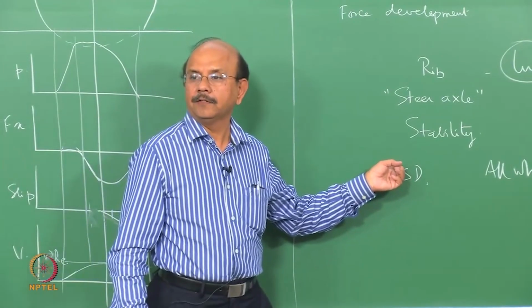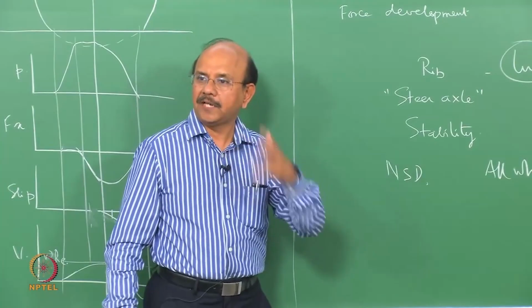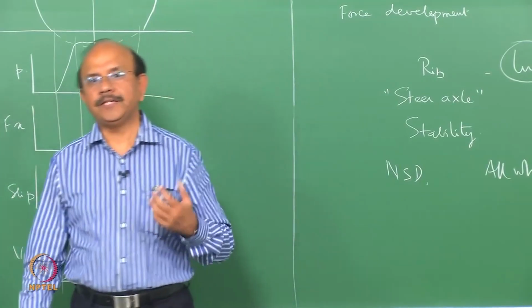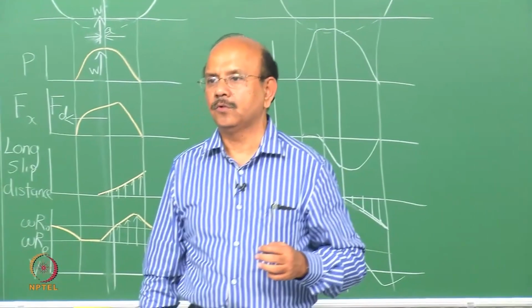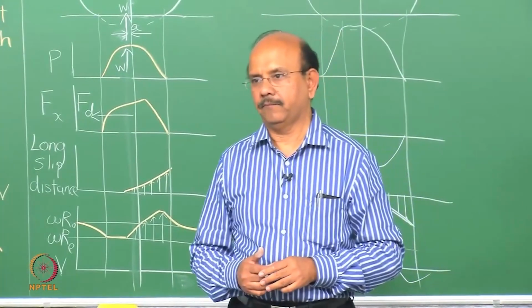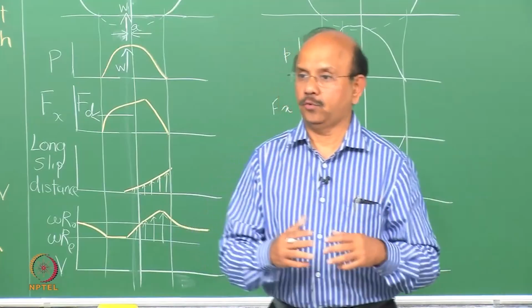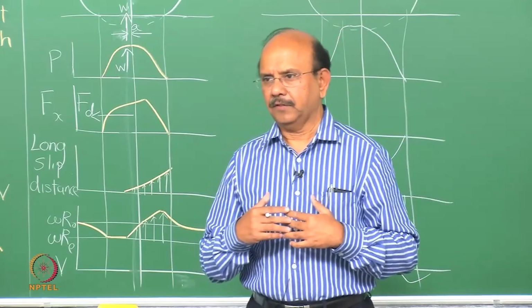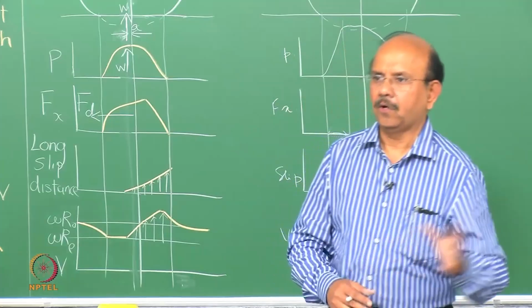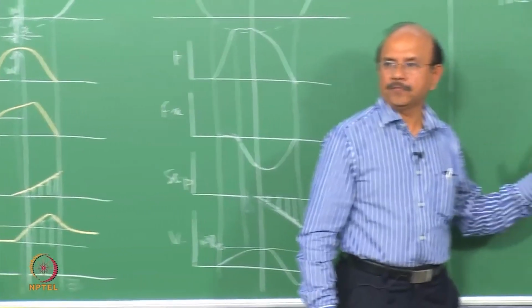especially in the Indian market, and they usually put a bias tire in the front, basically because rib tires are extremely sensitive to the camber of the vehicle as well as the toe. Toe and camber have a large effect on tire performance.